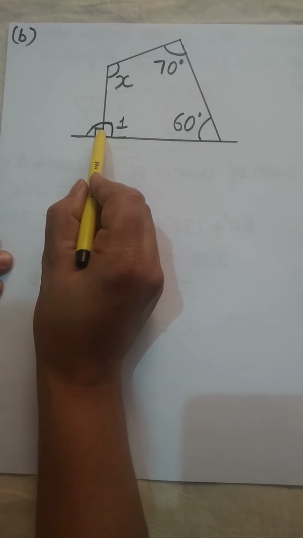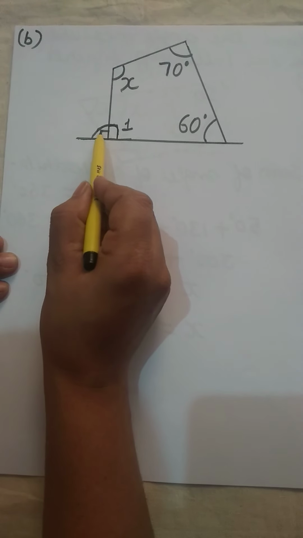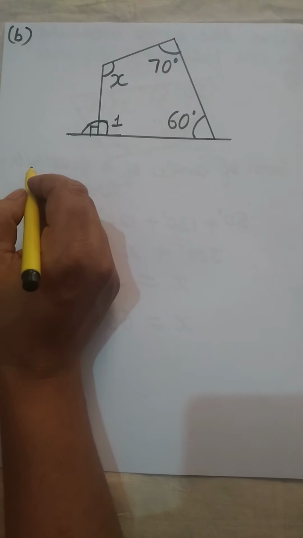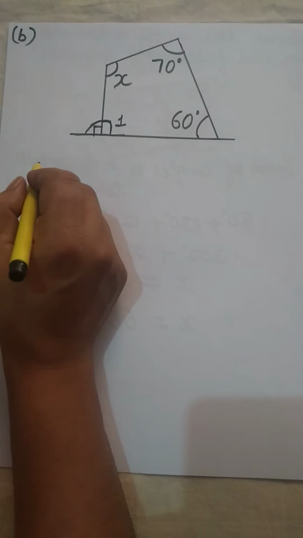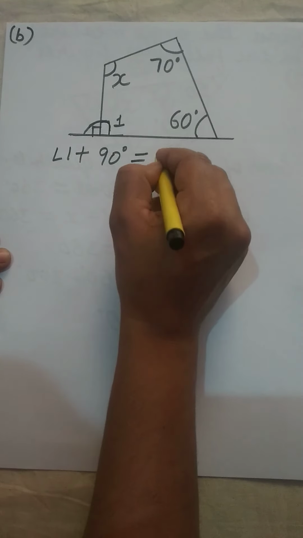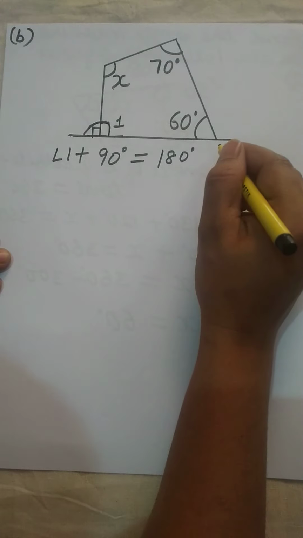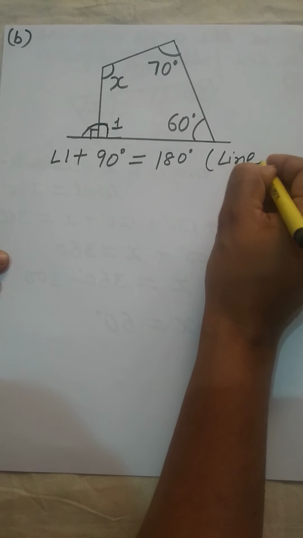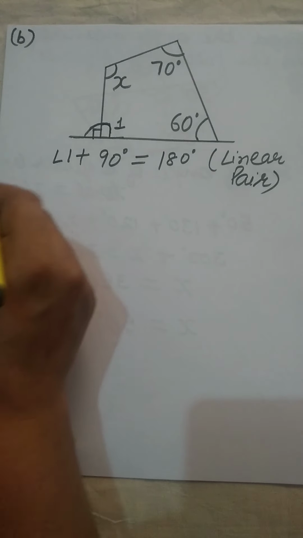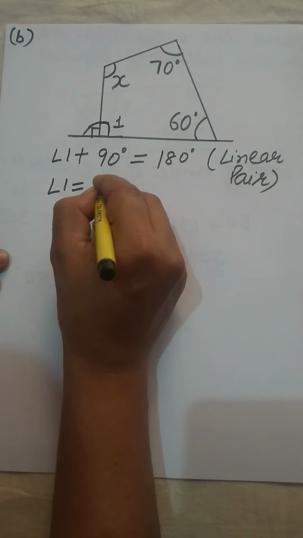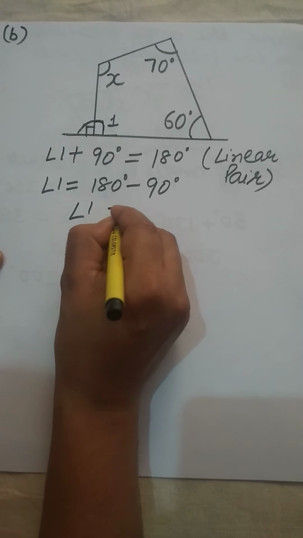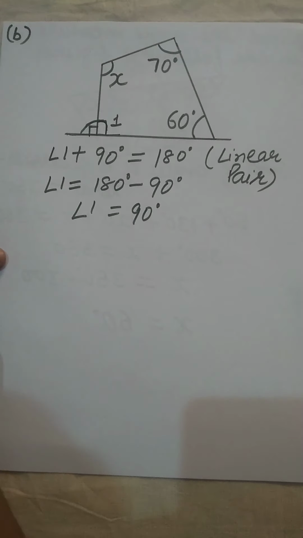And it is clear from the figure this angle is of 90 degree, which is a right angle. So right here, angle 1 plus 90 degree is equal to 180 degree because it is a linear pair. So angle 1 is equal to 180 degree minus 90 degree. So angle 1 is equal to 90 degree.